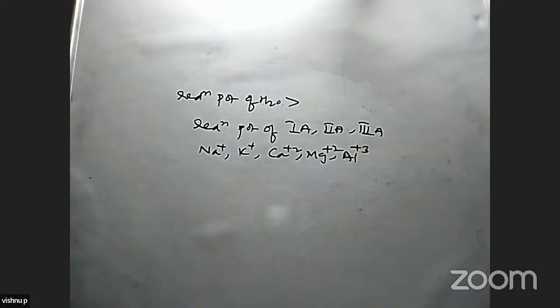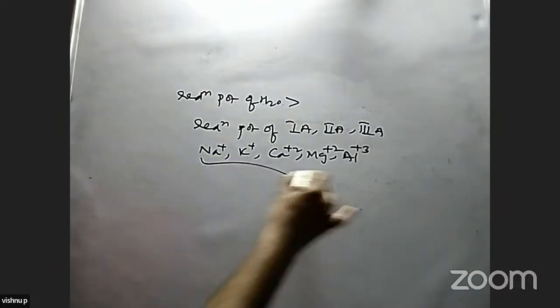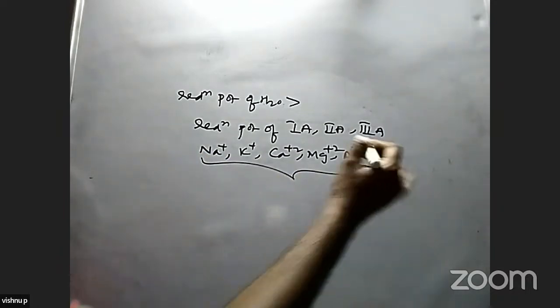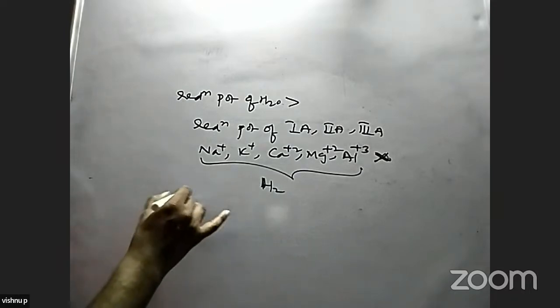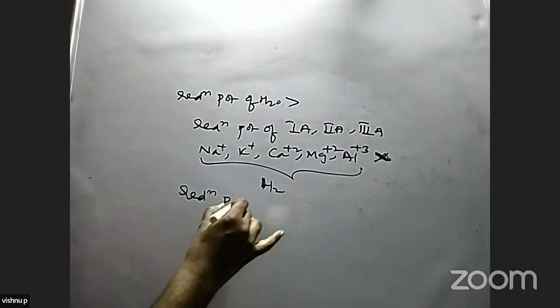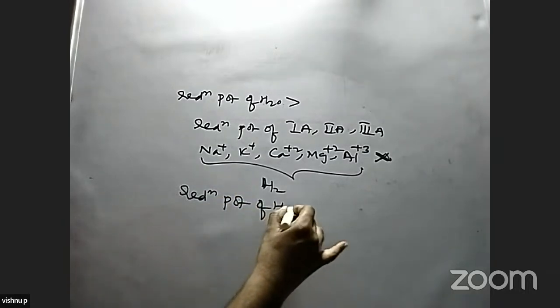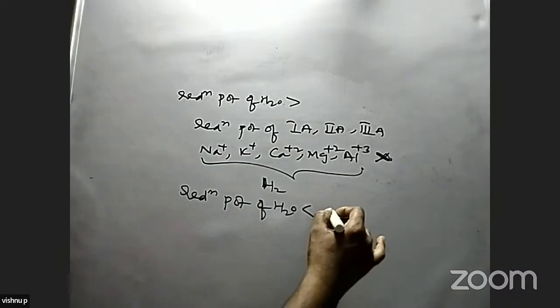These metals are 1A, 2A, 3A group elements and are not evolved, but in this case, if you use aqueous solution, hydrogen is evolved.